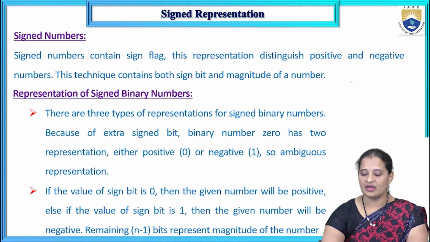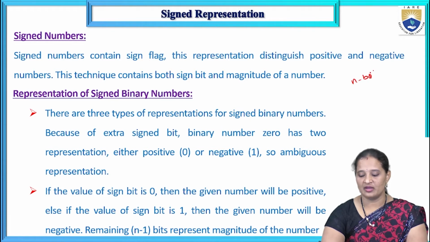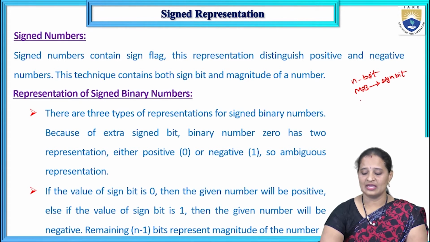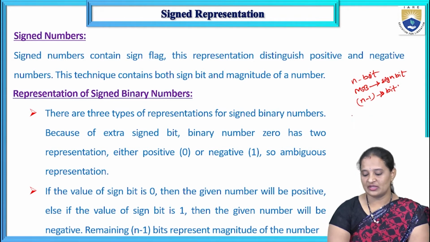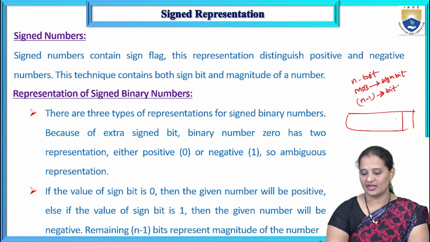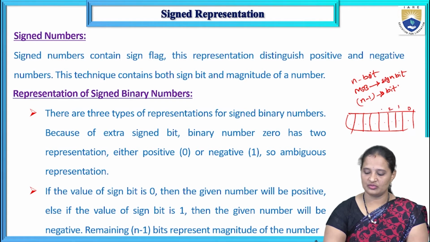For example, if we have an n-bit number, then the first bit, that is the MSB, is considered to be the sign bit, whereas the remaining n-1 bits constitute the magnitude of the number. For example, we have an 8-bit number with positions 0, 1, 2, 3, 4, 5, 6, 7.